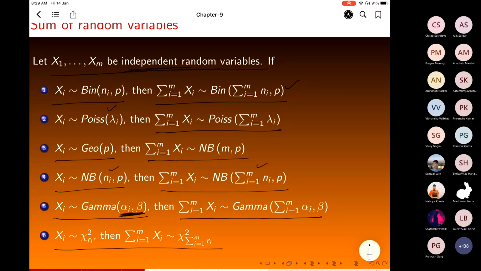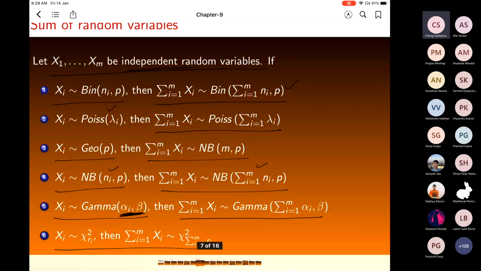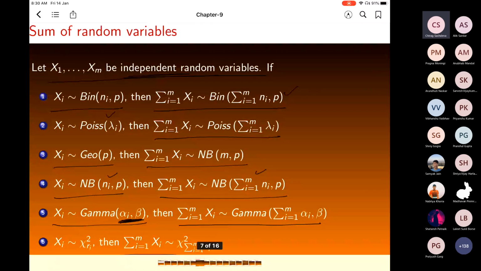Okay, in this fashion, all these proofs can be done easily using the moment generating function approach. Yes, so in the gamma representation, the first term denotes the rate or the number of arrivals.